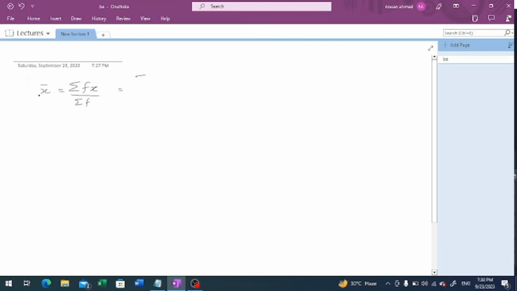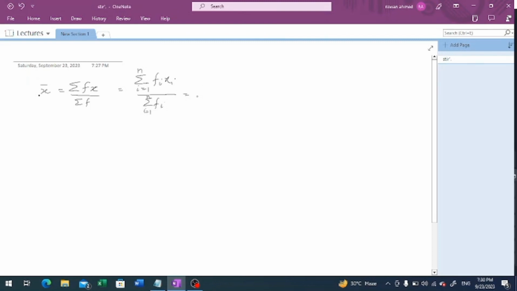Now writing this formula down in terms of the variant, i equals 1 to n terms, fi xi divided by summation fi. Over here again i goes from 1 to n.